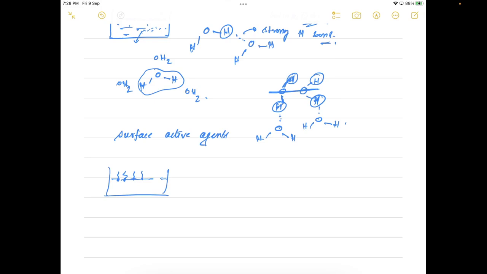So now the water molecules that previously occupied the surface can come to the bulk phase. Let's say this is the surface, and there were water molecules here.